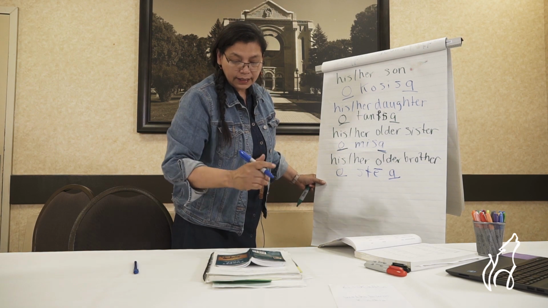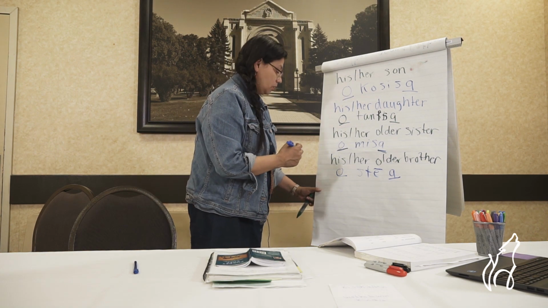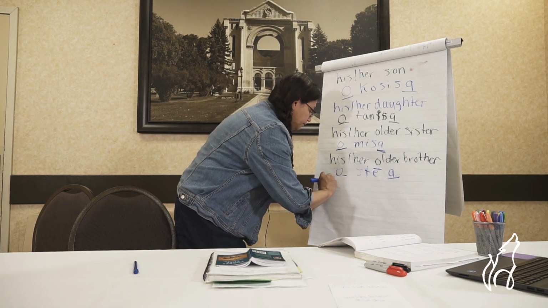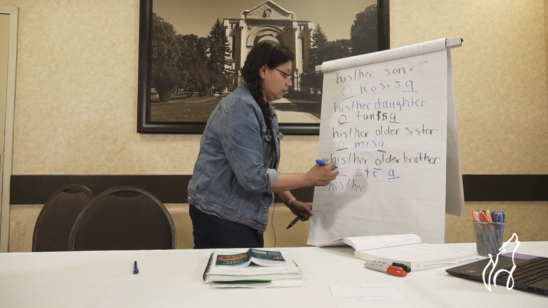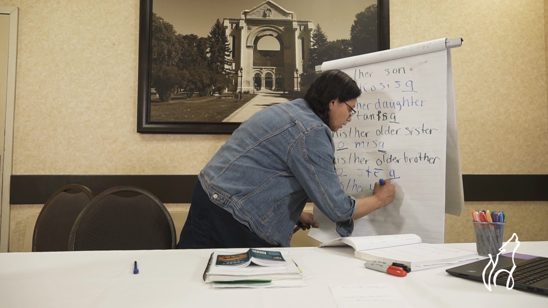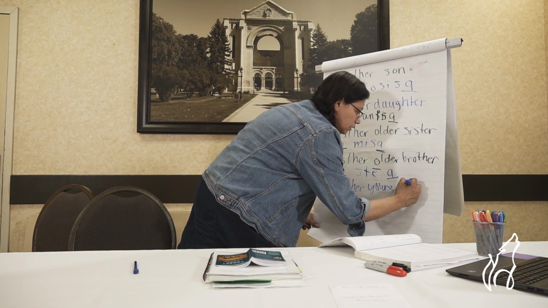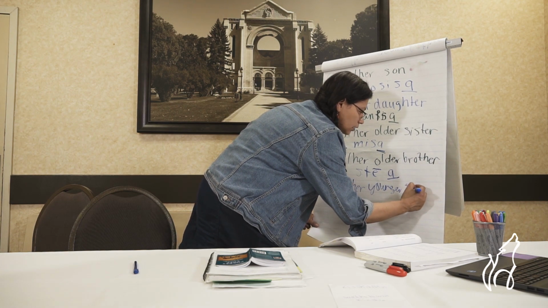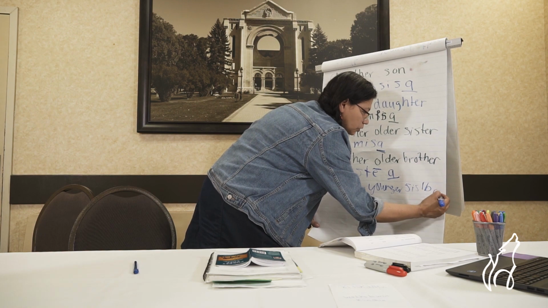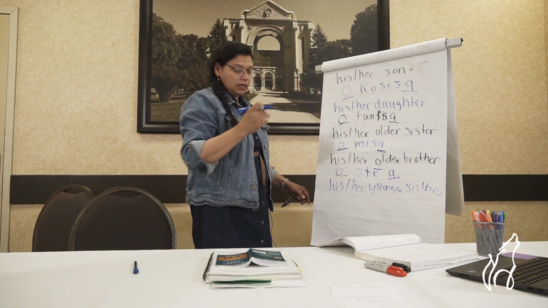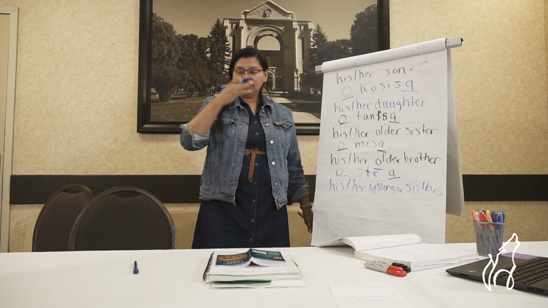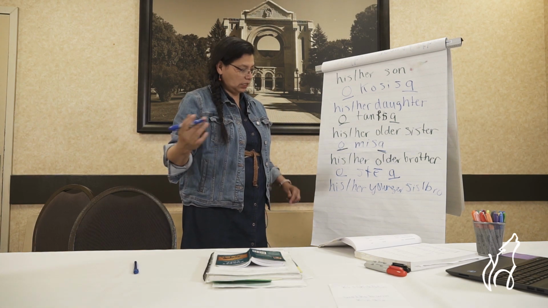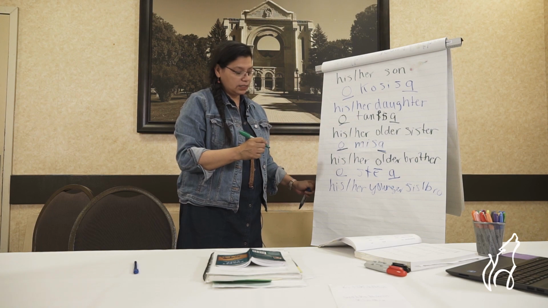Okay. And now we're going to go to his or her younger sister and brother. I'll do the short form. So I'm going to say Nisimis, Gisimis, his or her younger sister.